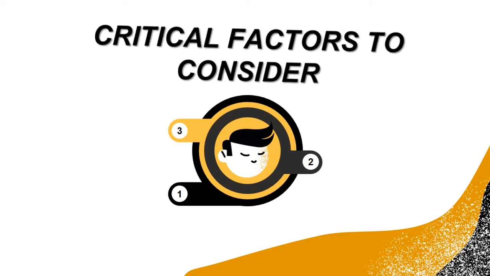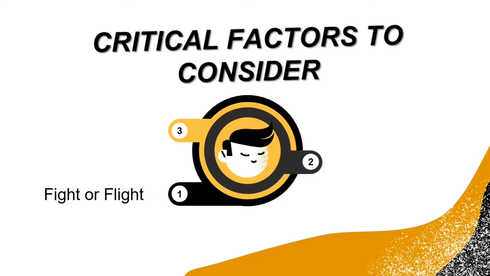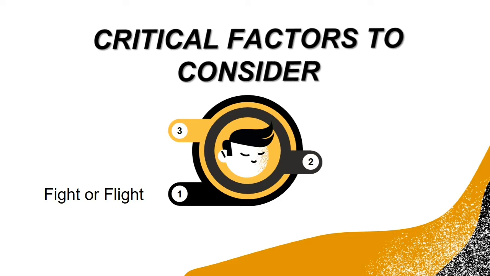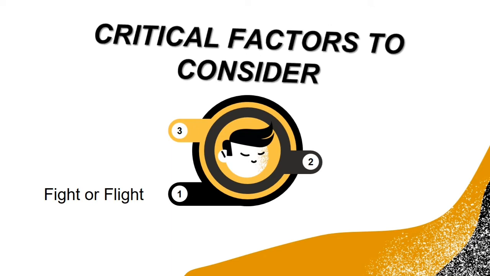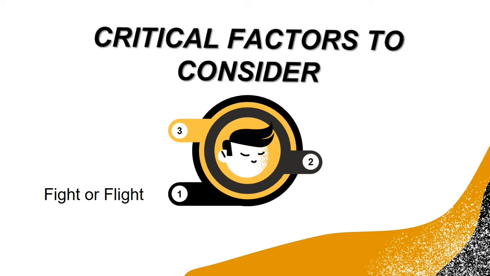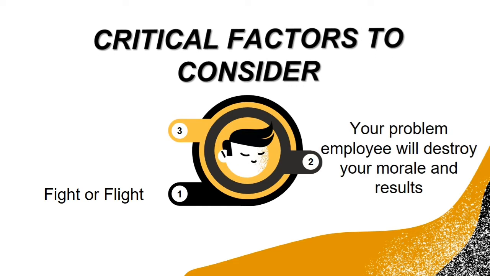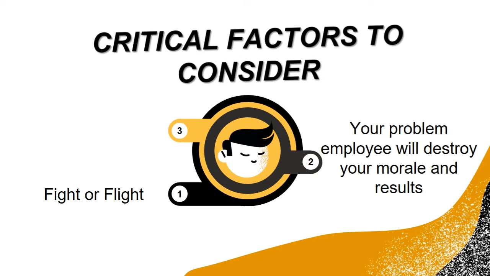Now we have some critical factors to consider in terminating an employee. First, you have fight or flight. With this factor, you have to look into how the problem employee will take advantage of you. Will he fight or will he leave? Second factor is your problem employee will destroy your morale and results.